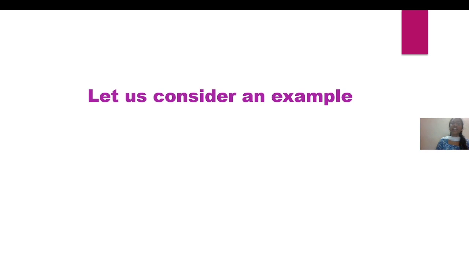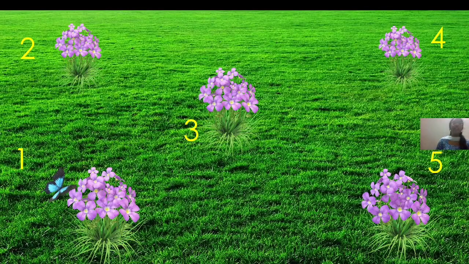Let us consider an example. A butterfly has to collect nectar from different flowers which are positioned in different directions in a garden. We have to help the butterfly find the shortest path between each pair of flowers such that it can collect the nectar easily.